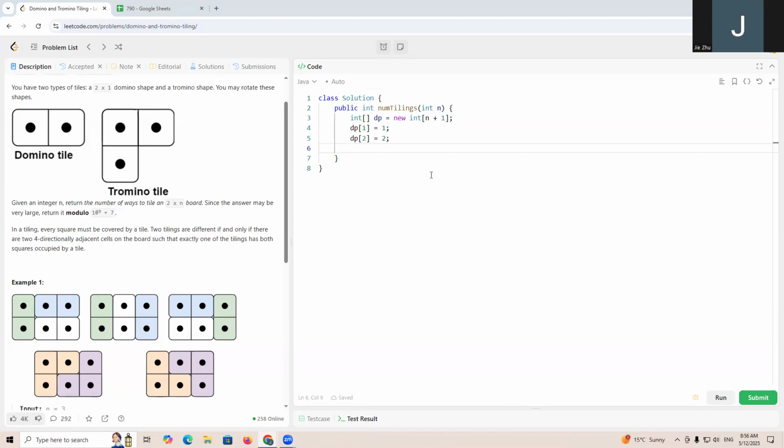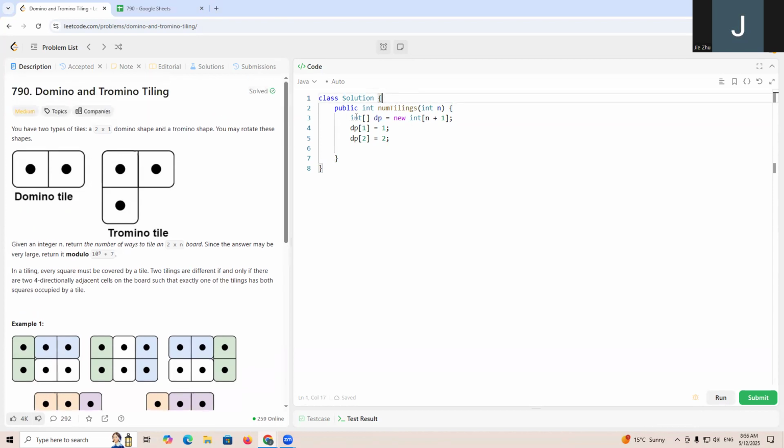So what we do is, because this will be very big, we need to change this to long.